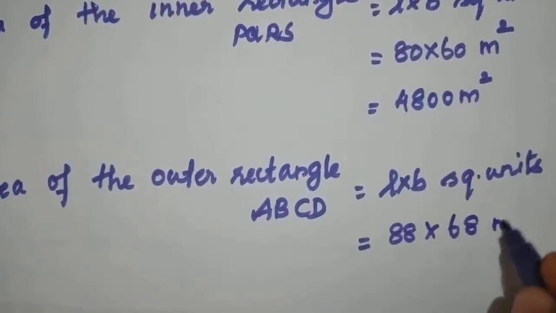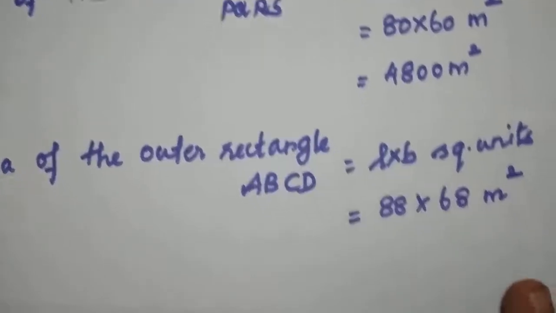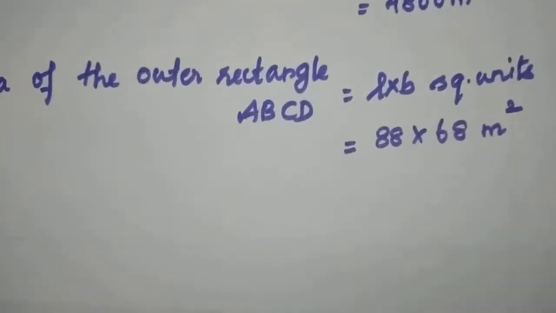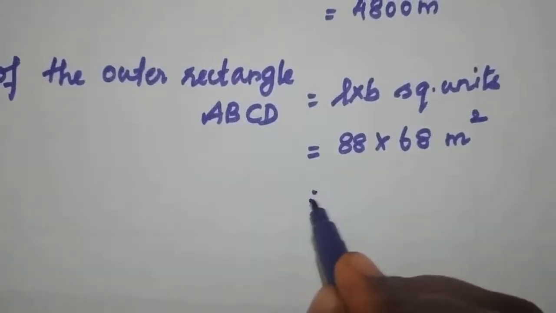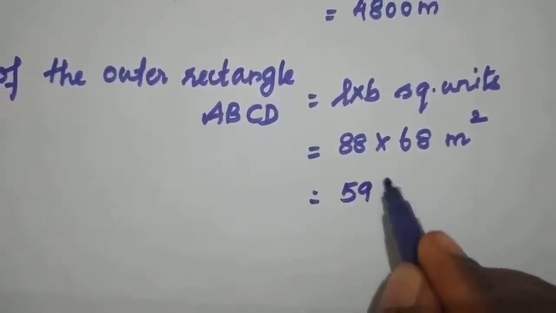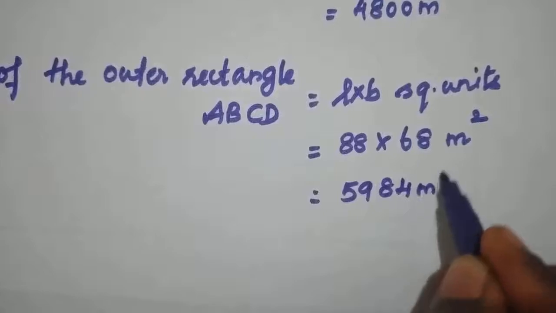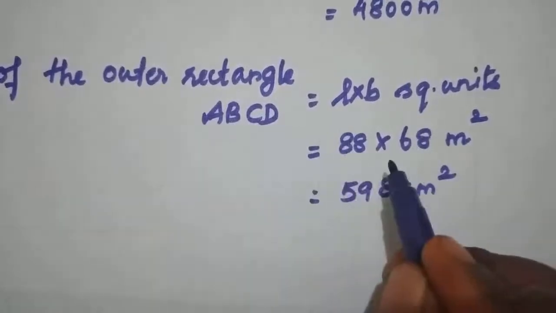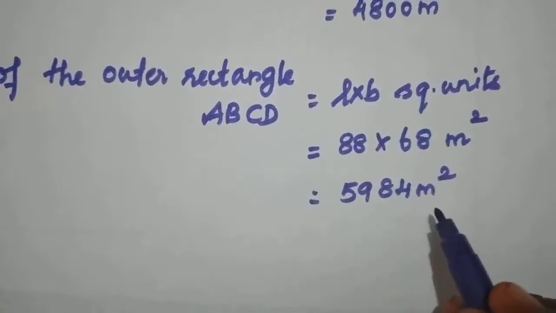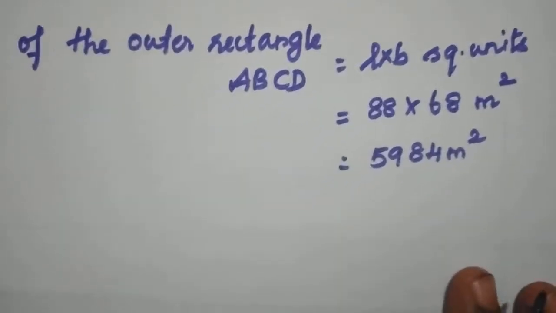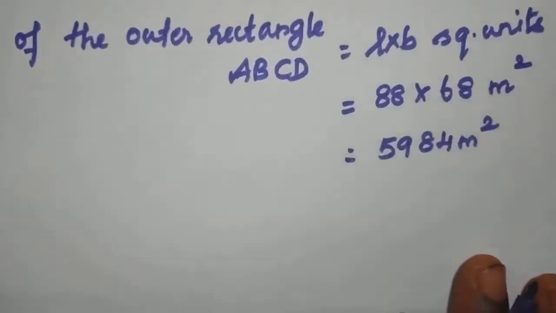The unit is meter, and this is a square unit, so meter square. You will get the answer as 5984 meter square. So when you multiply 88 and 68, you will get 5984 meter square.